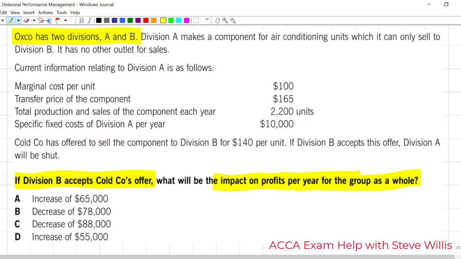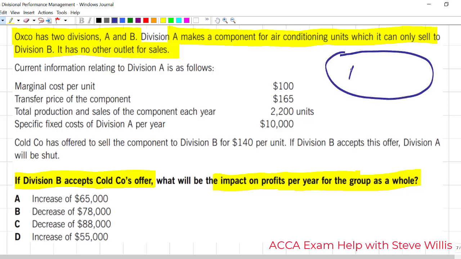Oxco has two divisions, A and B. Division A makes a component for air conditioning units, which it can only sell to Division B. There's no other outlet for the sales. So we can quickly sketch the group. We've got A, got B. A sells to B. B then must be selling out of the group.